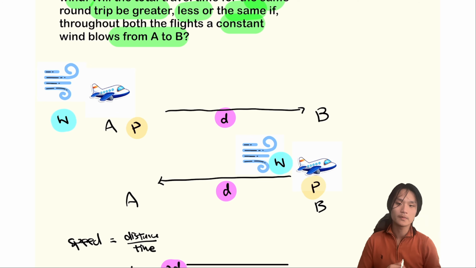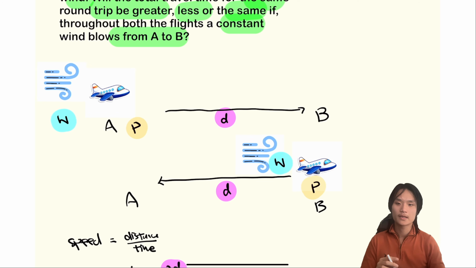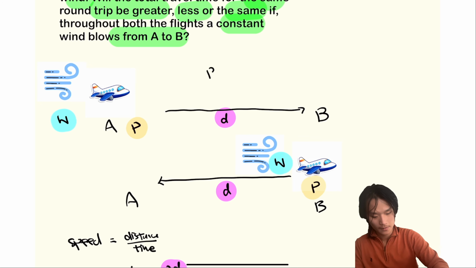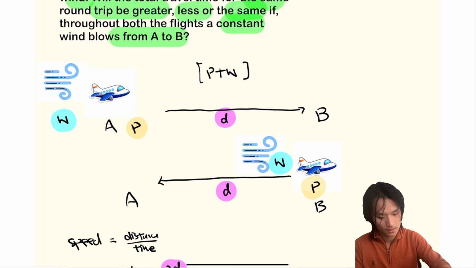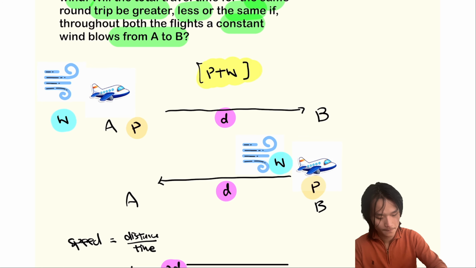Now, for this problem, we assume there's no acceleration or deceleration. So when there's wind blowing the plane from A to B, the overall speed of the plane becomes P plus W. This is very important. We're going to highlight that as well. Let's use yellow.